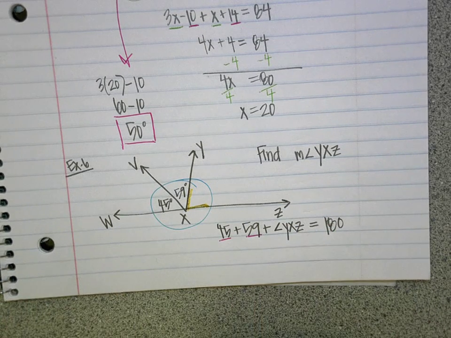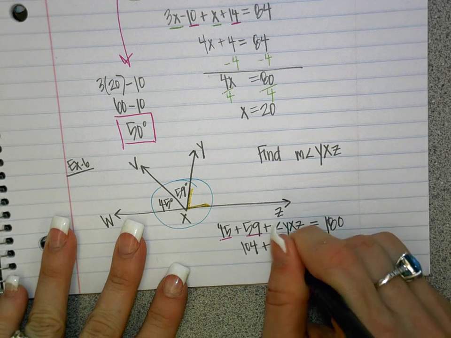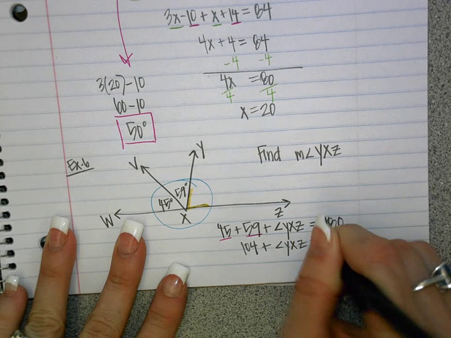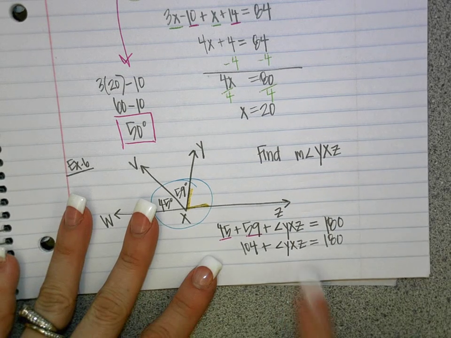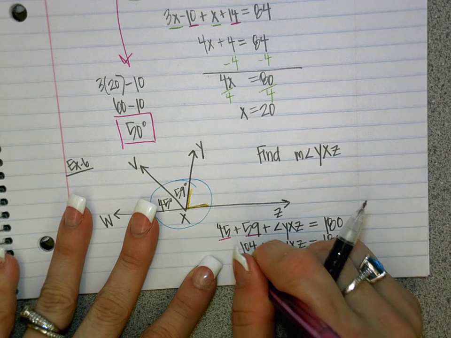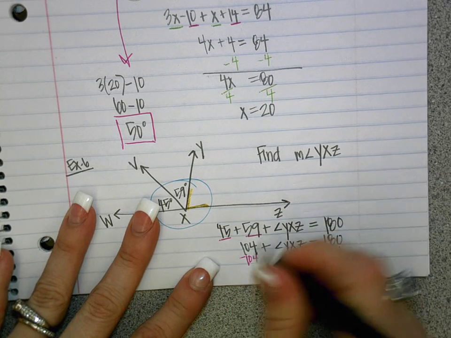What is 45 plus 59? 104. So 104 plus angle YXZ is equal to 180. And then to get what you need by itself, you'd subtract 104. And that gives us our answer.